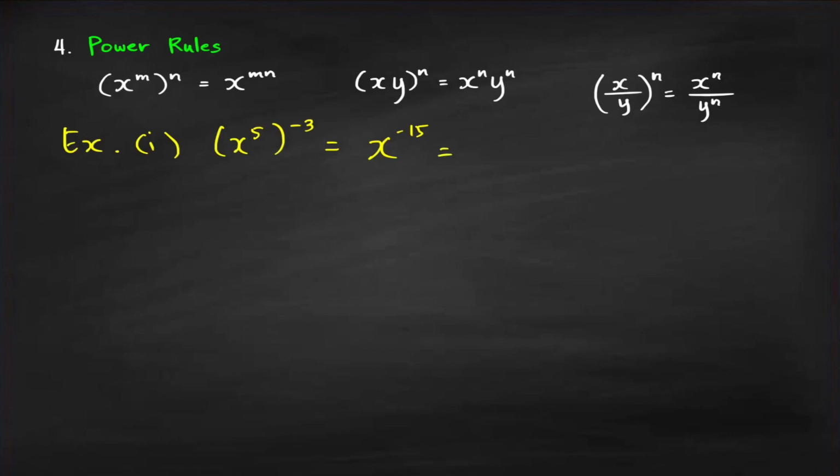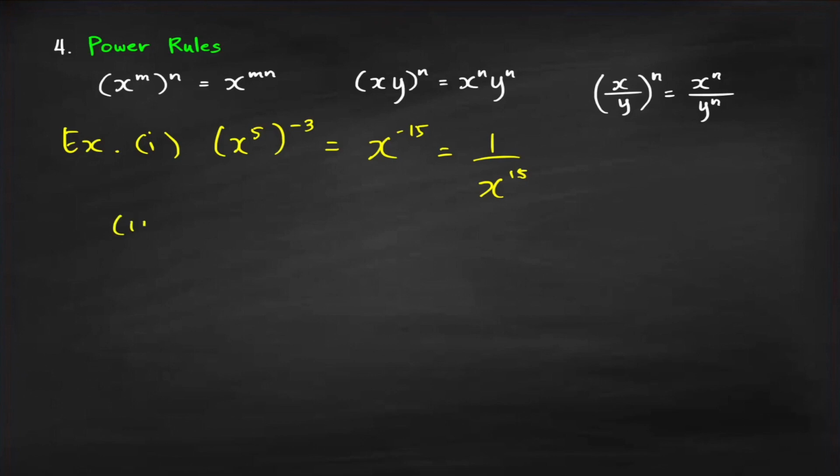And of course, when we are simplifying expressions, we don't want the powers of the symbols to be negative. So to simplify this one, we have to write it down as 1 over x raised to 15.